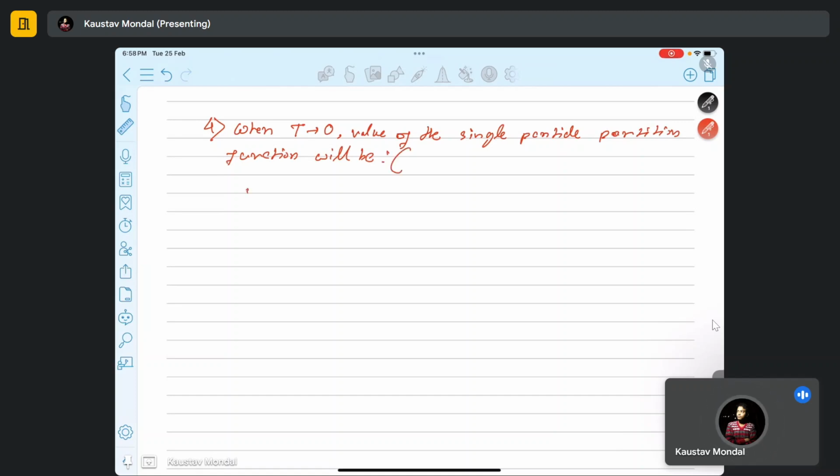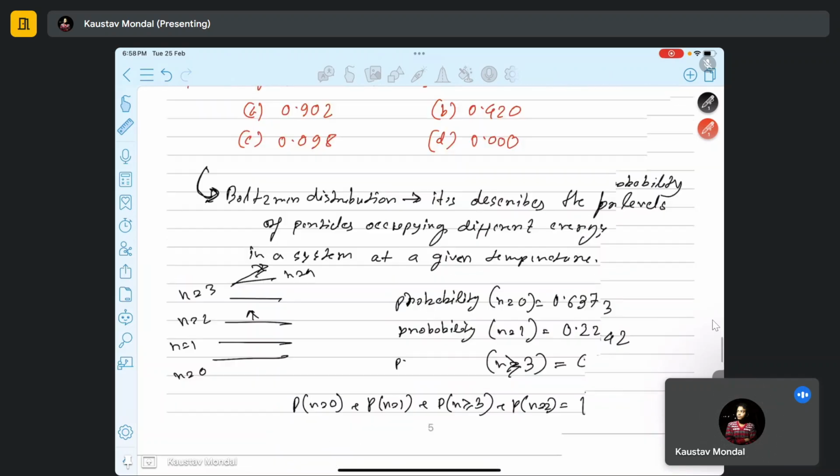Option A is 1, option B is infinite, option C is 0, option D is the summation of Gj, provided that the degeneracy of level j is Gj. This is the degeneracy of level j, which is given as Gj. So this is the given problem.